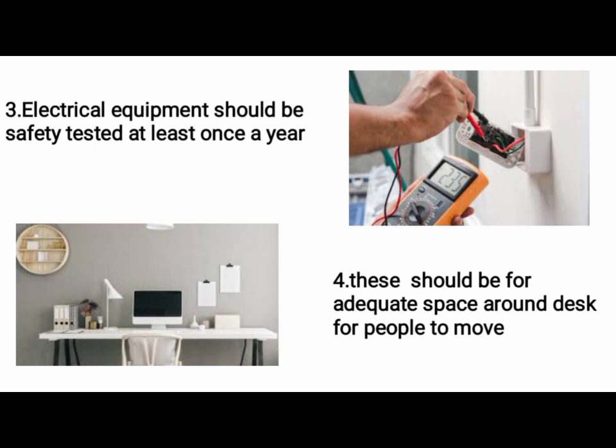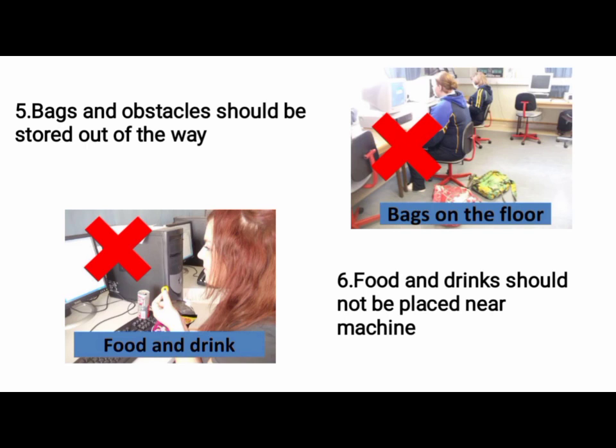The minimum clearance between the desk and the back wall, file cabinet or bookshelf should be 33 to 36 inches so that one can move freely. Number 5, bags and obstacles should be stored out of the way so that people cannot trip over them and cause injuries or problems.